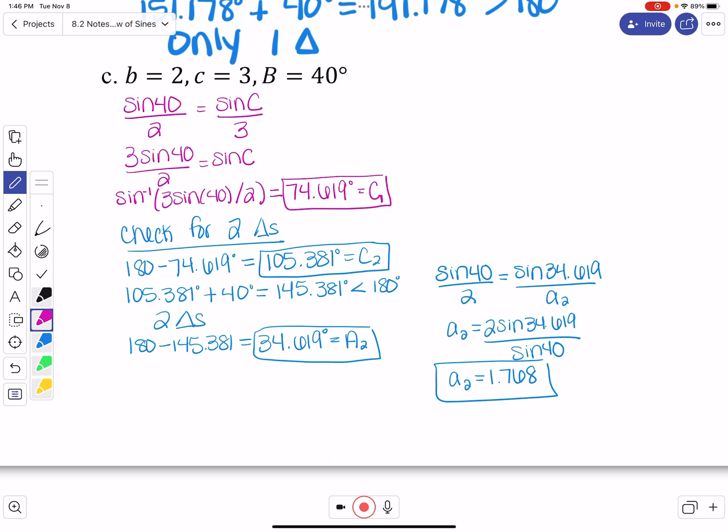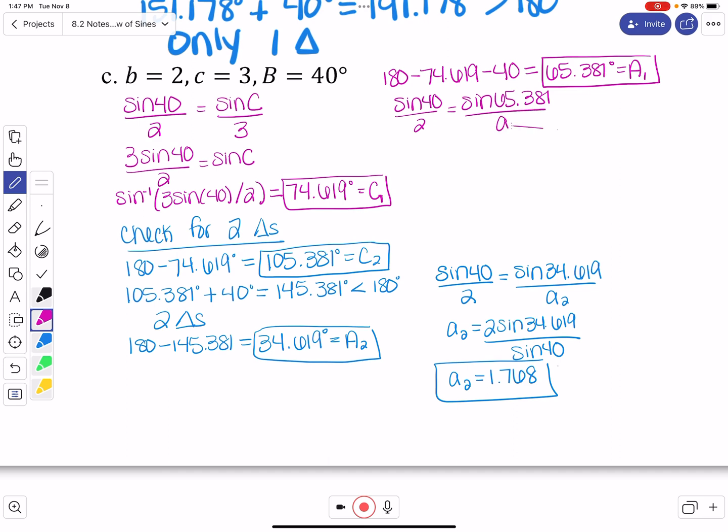So if I go back and find everything for my first triangle, I can do 180 minus the 74.619 minus 40. So that's going to give me 65.381 degrees. That's angle A1. And then if I do sine of 40 over 2, because remember that's the same for both triangles, equals sine of 65.381 over A1.